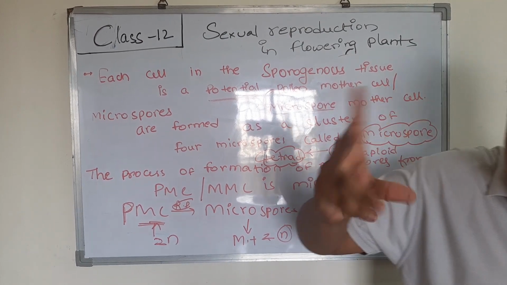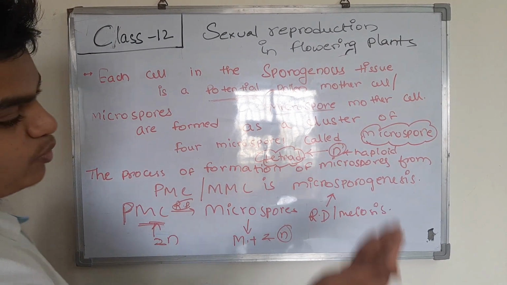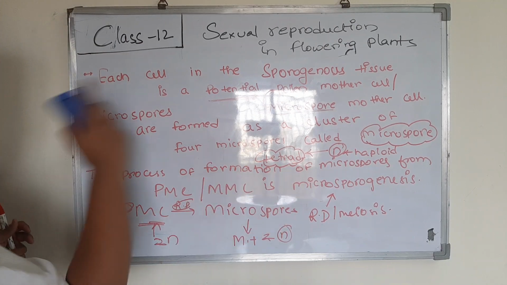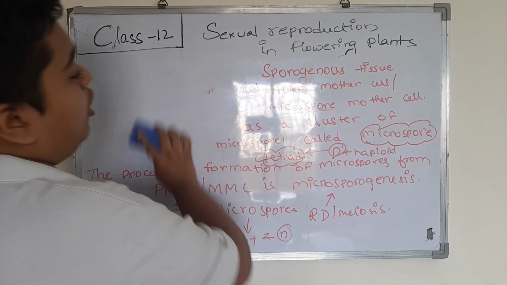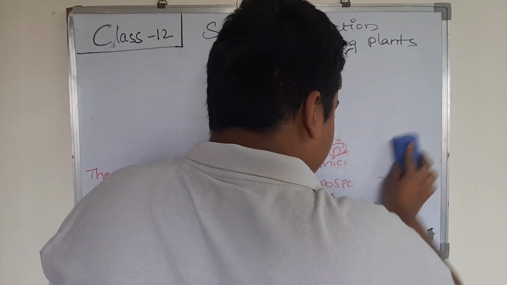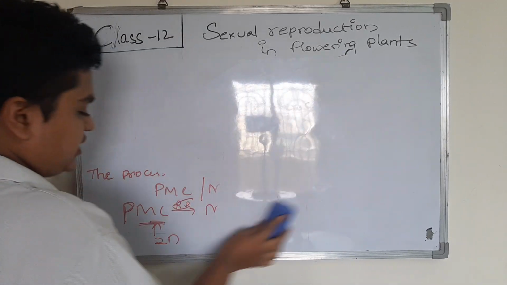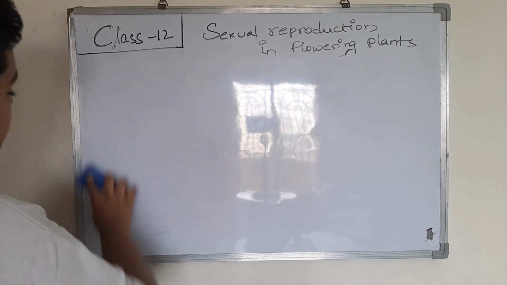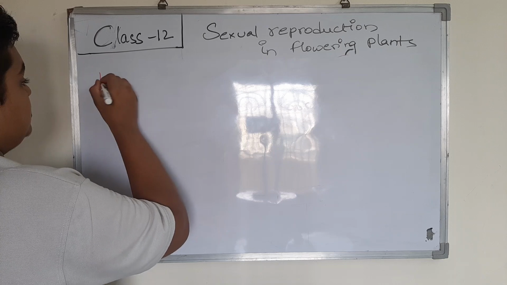As the water in the anther evaporates or dehydrates, these microspores are converted into pollen grains, and after complete dehydration, dehiscence occurs.